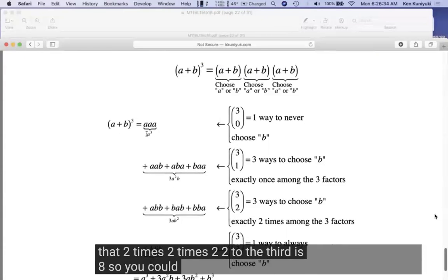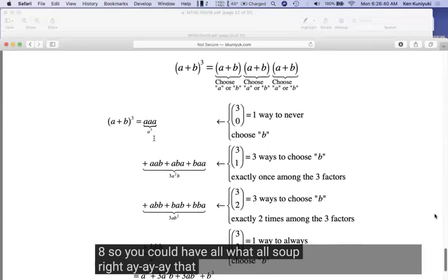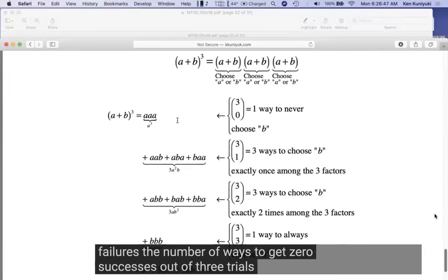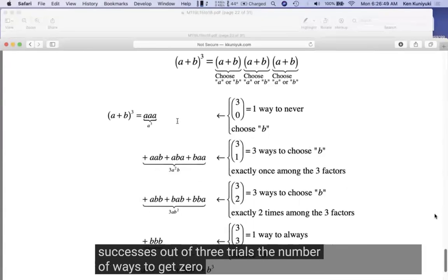So you could have all A. That could be all failures. The number of ways to get 0 successes out of 3 trials. The number of ways to get 0 questions correct on a 3-question exam, 1 way.